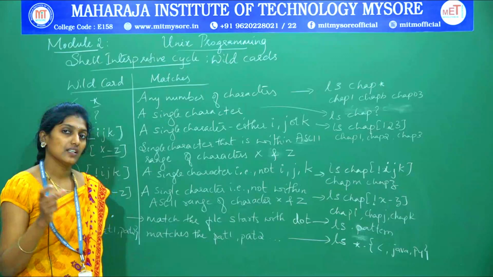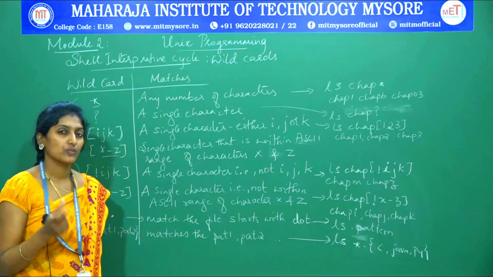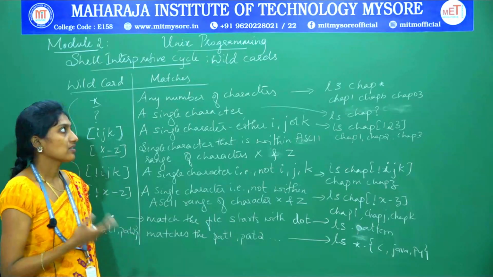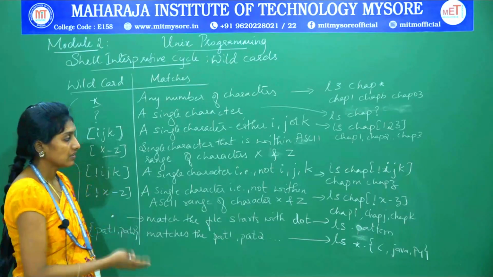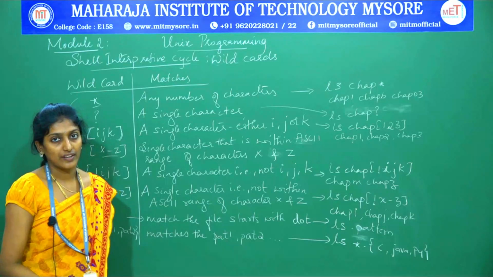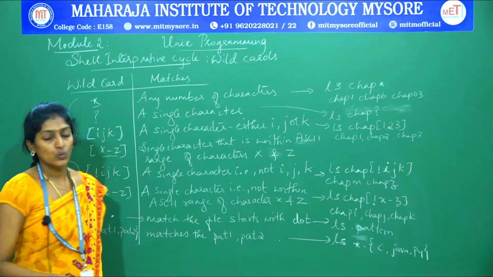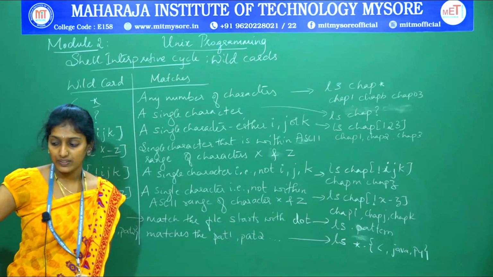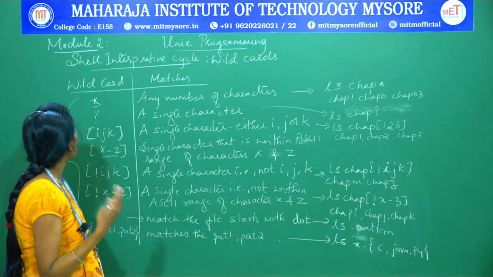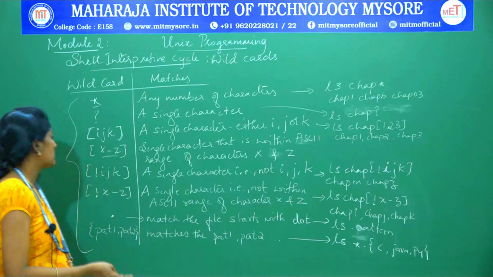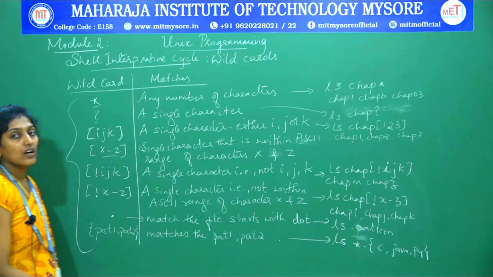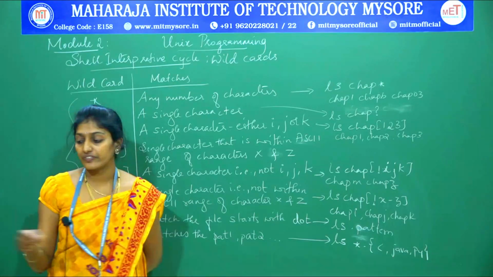Whatever arguments and options you provide to the shell command, by using these special characters it is going to identify and match those kinds of files. So let me go with the next concept. Now we are done with matching the star, question mark, character class, negating the character class, matching dot, then matching dissimilar patterns of files.